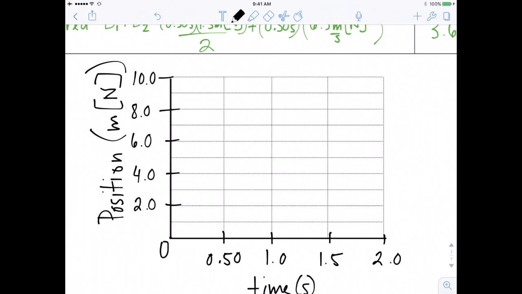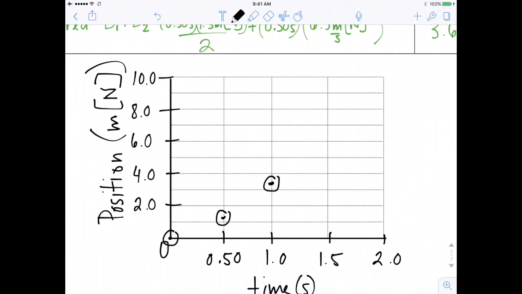The first was a position of 0, 0. The second, at 0.50 seconds, we covered a distance of 1.4 meters. After 1 second, we're at a distance of 3.5.